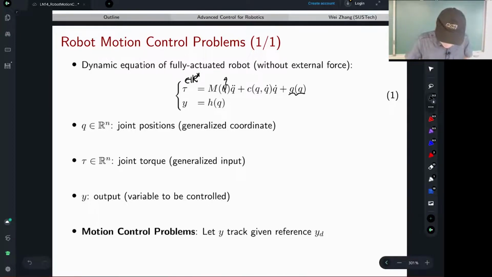This part is the gravity term, and let's say this is my arm. Suppose I have an external force.